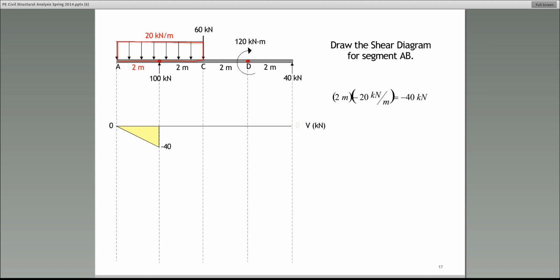It's 20 kilonewton per meter, so for every meter, it's 20 kilonewtons. How many meters is it acting on? 4 meters, all the way from A to C. So what's the total? The total load would be equal to the area under that rectangle. So 20 times 4, that's 80. That's a total of 80 kilonewtons.